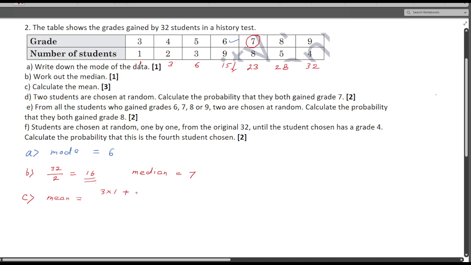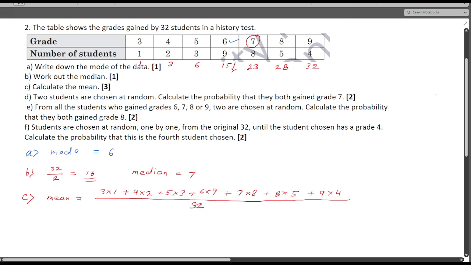So 3 times 1 plus 4 times 2 plus 5 times 3 plus 6 times 9 plus 7 times 8 plus 8 times 5 plus 9 times 4. I will multiply and add, and then divide by the total, which is 32.